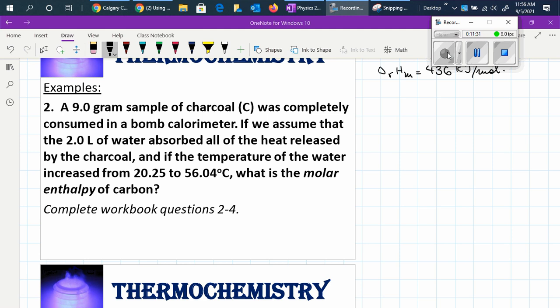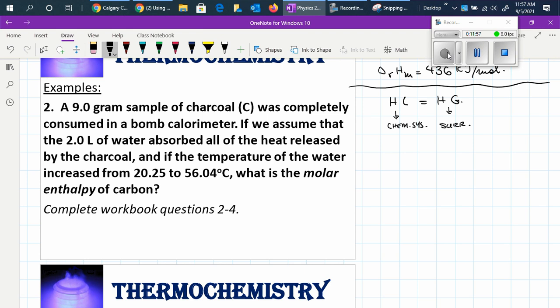So what do we have here? Again, heat lost equals heat gain. The one that is gaining is the surroundings. How do we know? The temperature is increased. The one that is losing is the system, the chemical system.